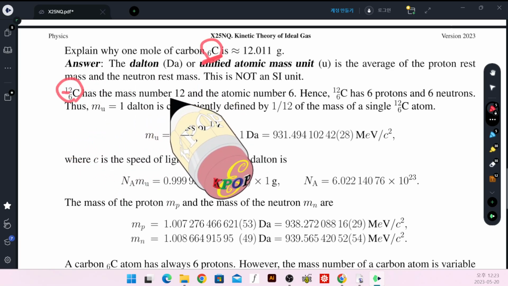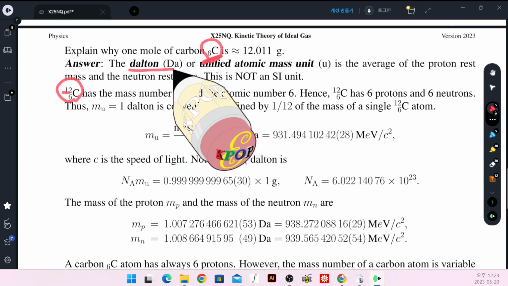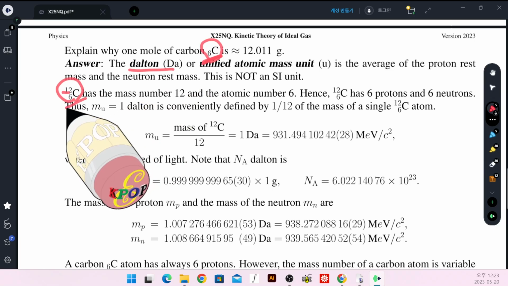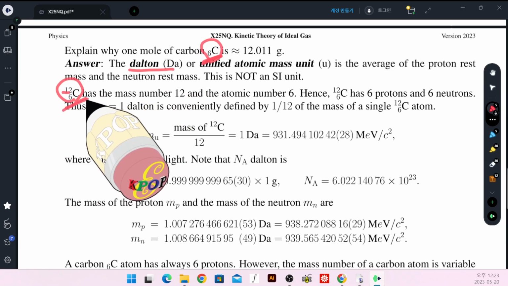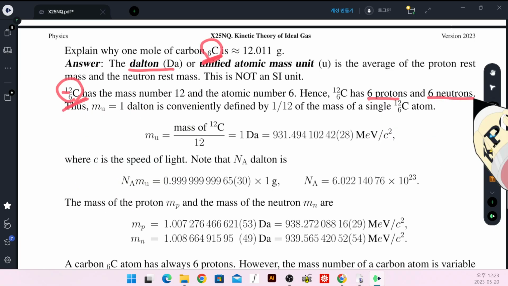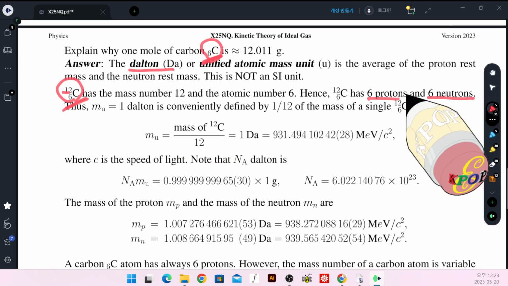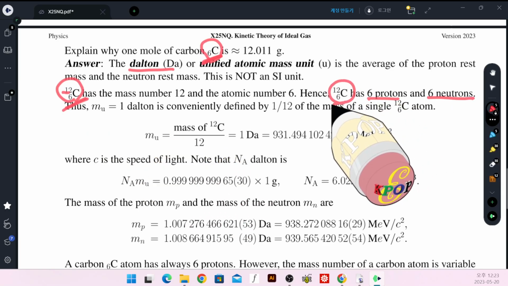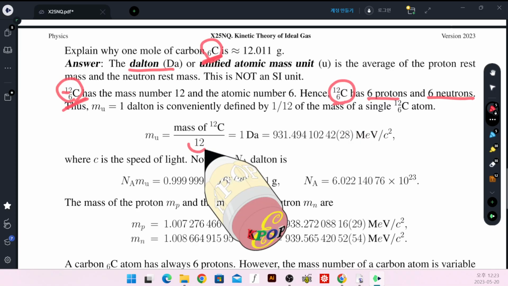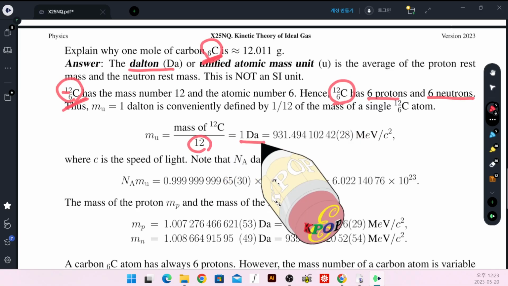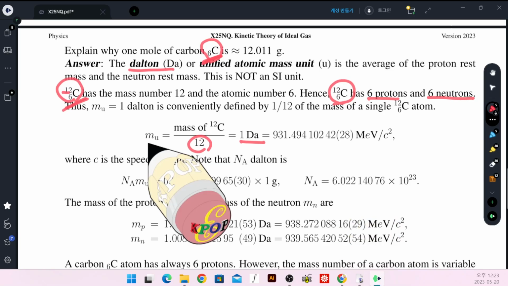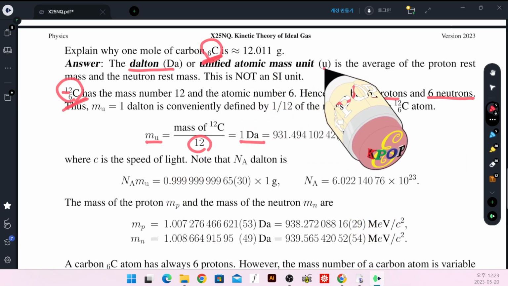It is convenient to define one Dalton based on this atom. 6 protons, 6 neutrons: the sum of the mass of these divided by 12 is defined as 1 Dalton, or unified atomic mass unit.